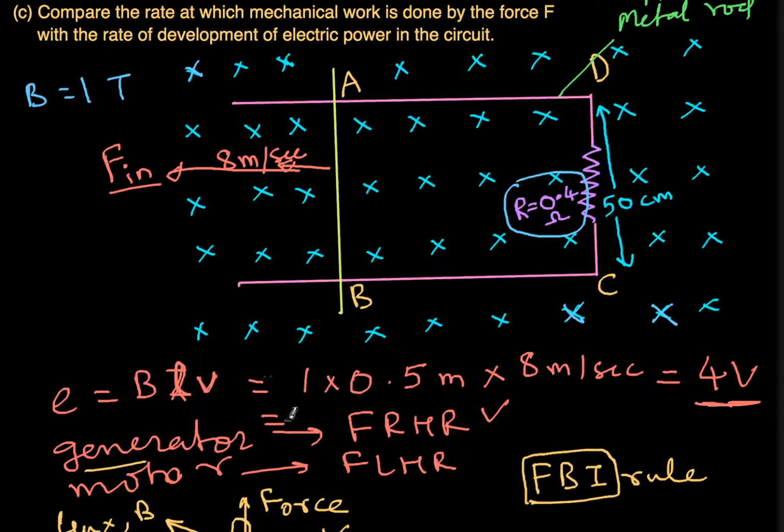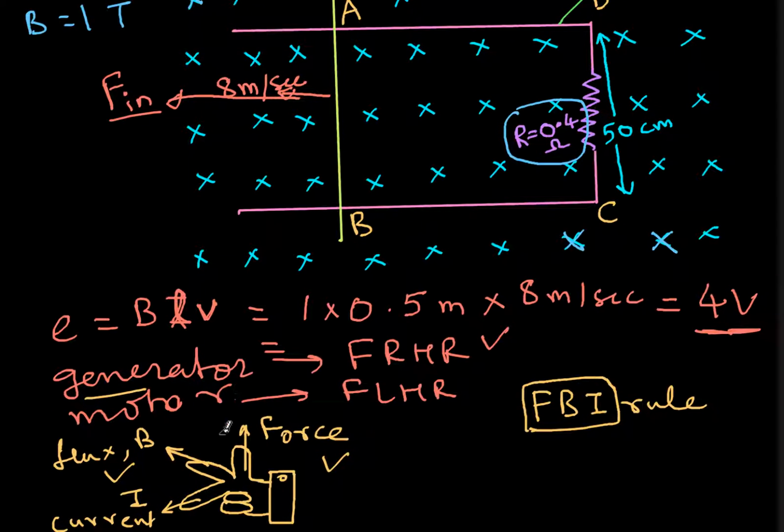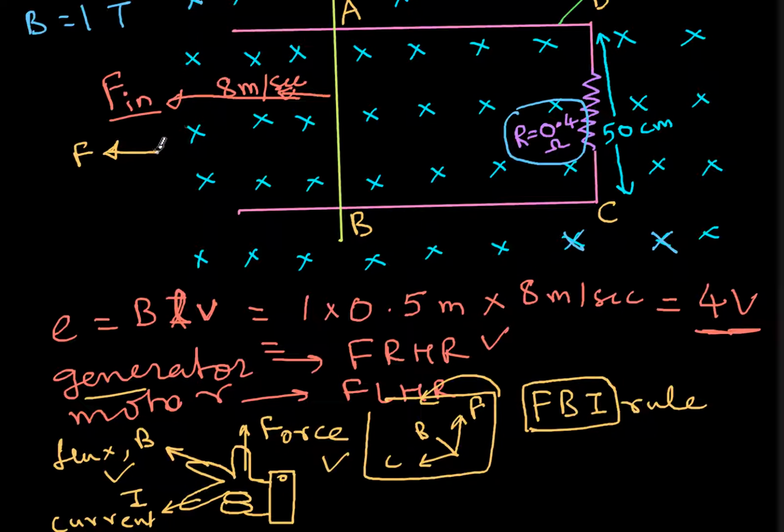To this diagram, how do I apply Fleming's right hand rule? The force here is upwards, but if I simply write it, force, then this is flux, and then this is current. I need to rotate this by 90 degrees, then the force will be like this, and flux is completely downwards, so I use a cross symbol.